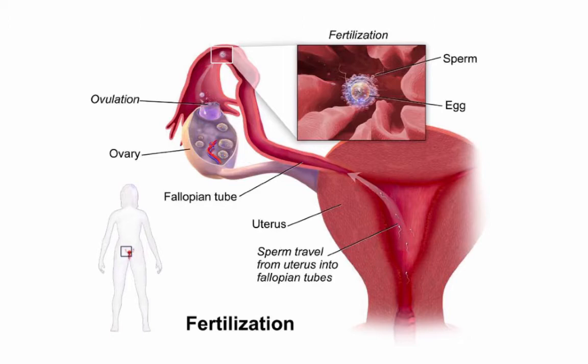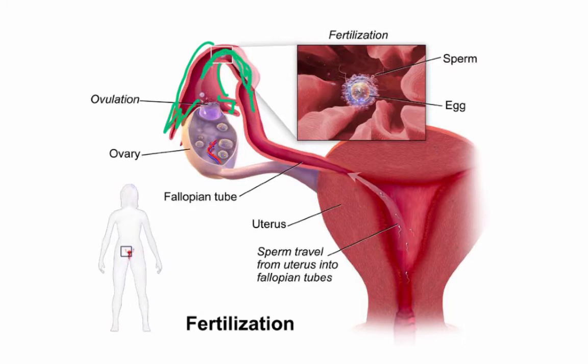So when you have ovulation, you have a rupture of a mature follicle and release of an ovum. The fimbriae sweep that into the oviduct or fallopian tube or uterine tube, and someplace in here is where fertilization usually occurs.